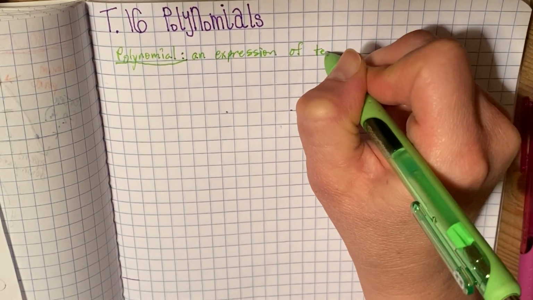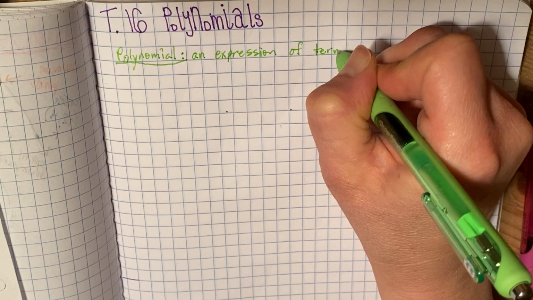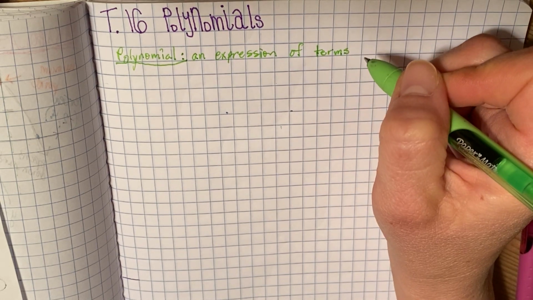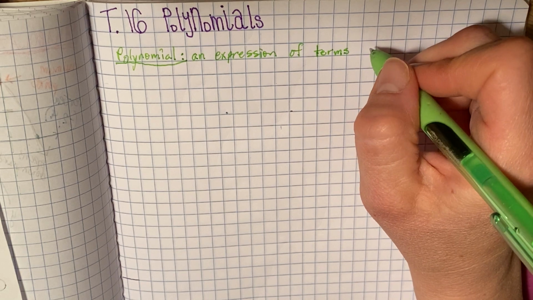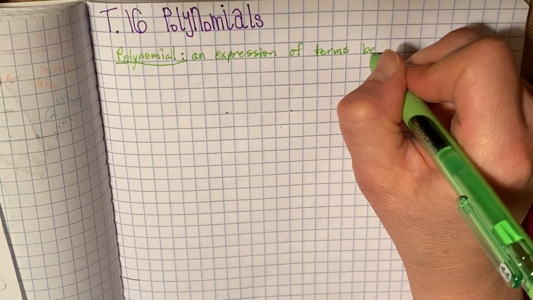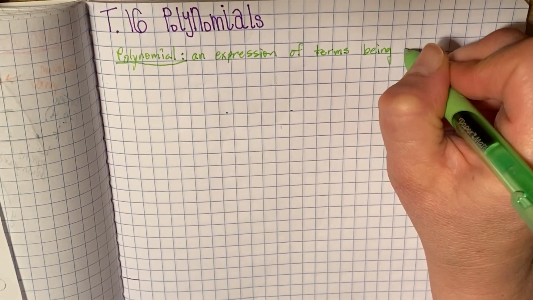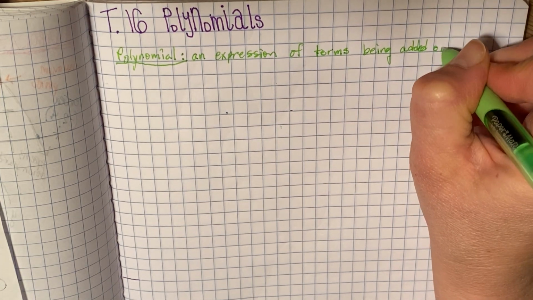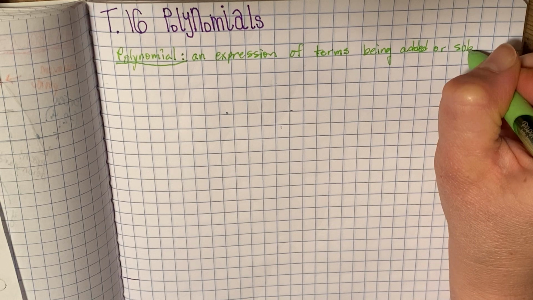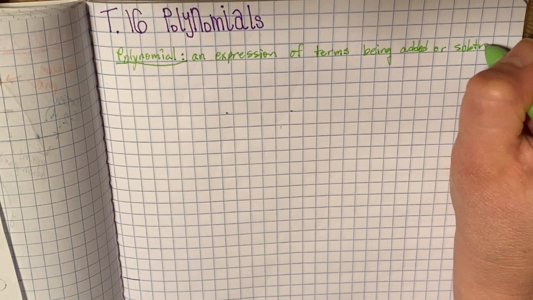And if you guys notice, I'm using a different angle this time. Maybe it might be better. My hand won't get in the way of my writing. An expression of terms being added or subtracted.